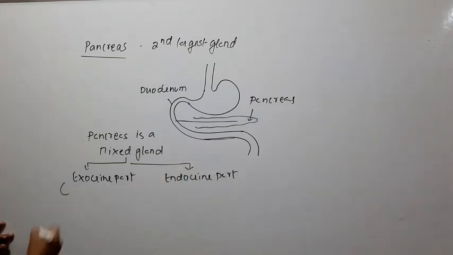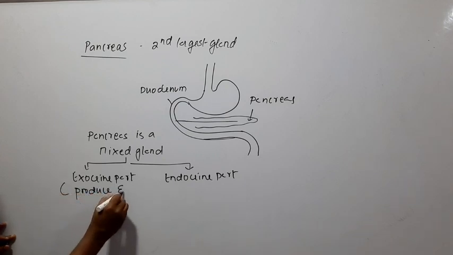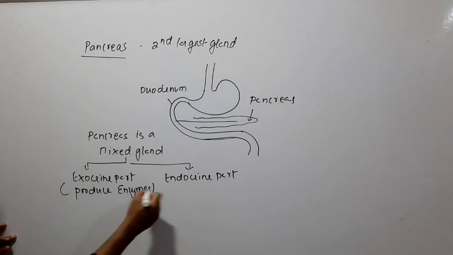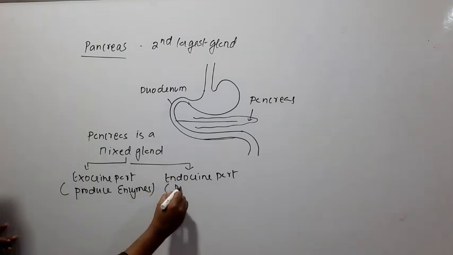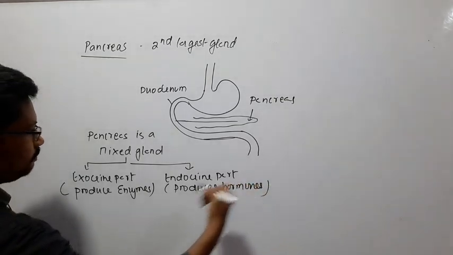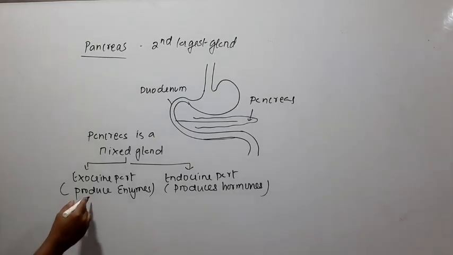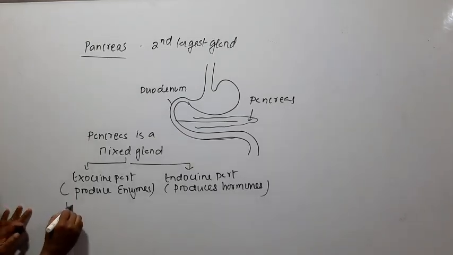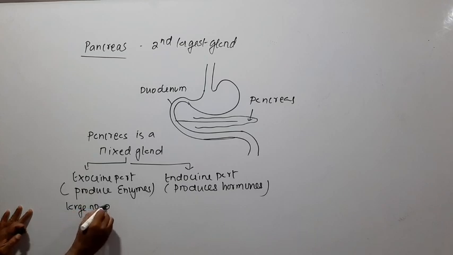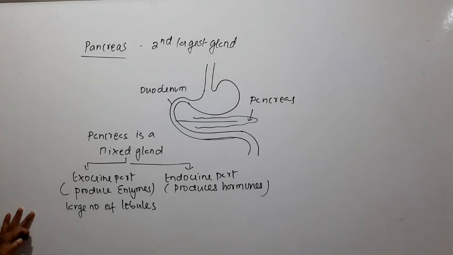The exocrine part will produce enzymes, whereas the endocrine part produces hormones. The exocrine part has a large number of lobules, and these lobules are formed by numerous acini.